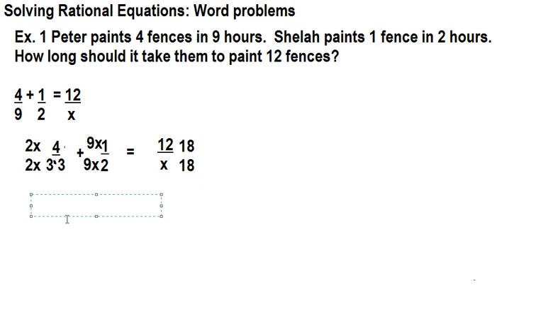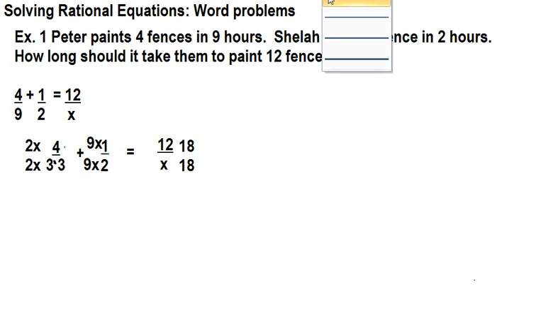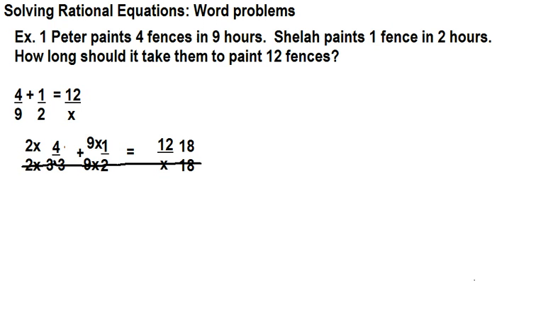Now, the next step, which is really nice, is cancel all denominators. So I cancel out all my denominators. Now I have 2x times 4. I know that's 8x. Plus 9x times 1. I know that's 9x.